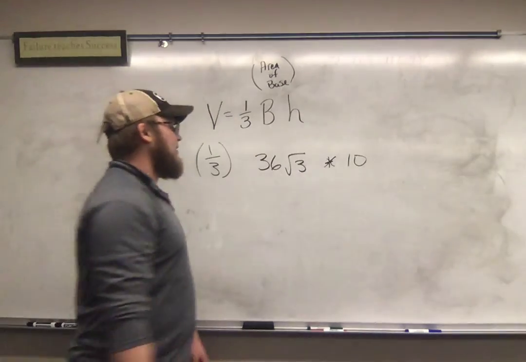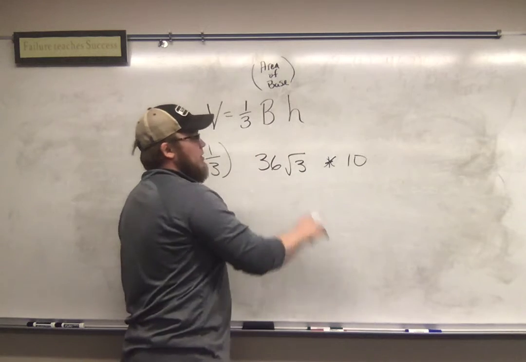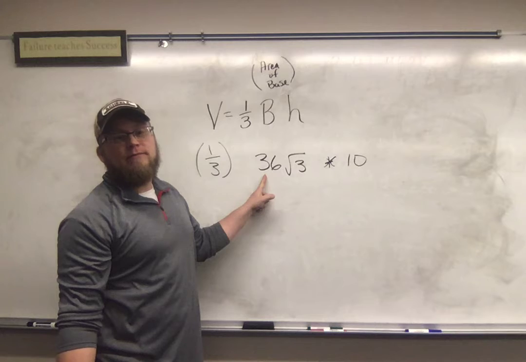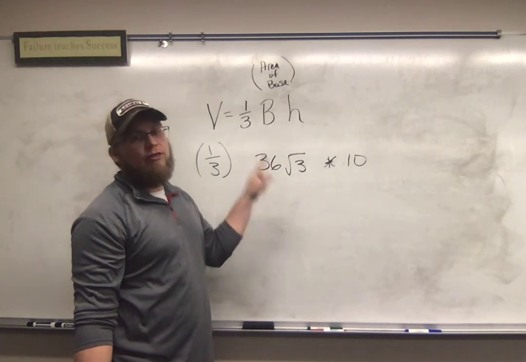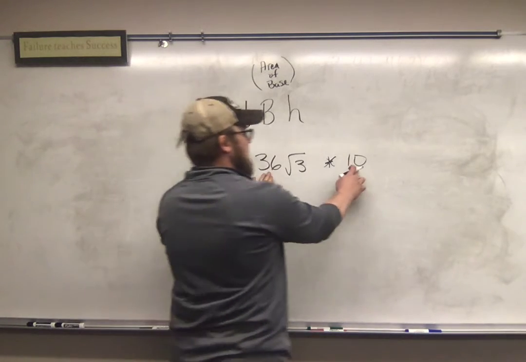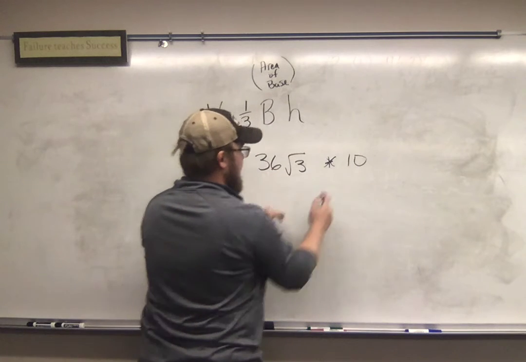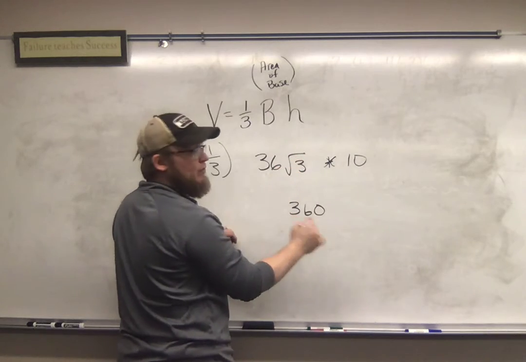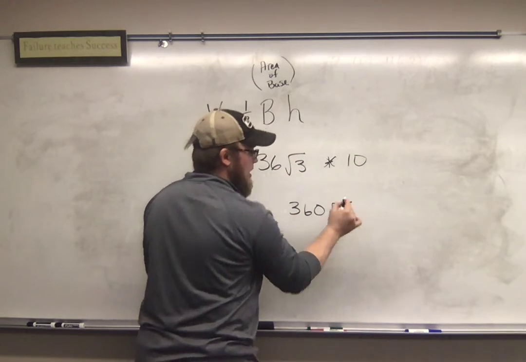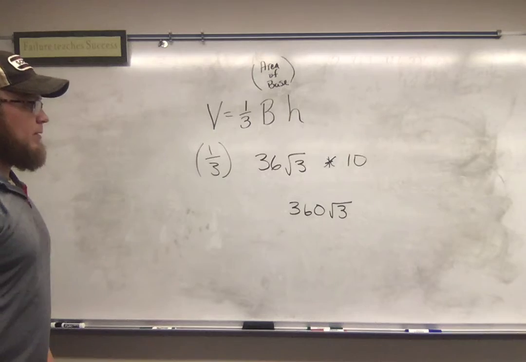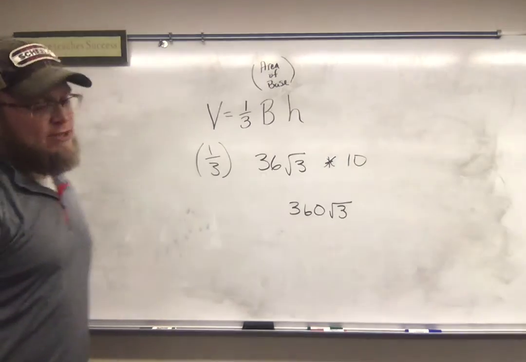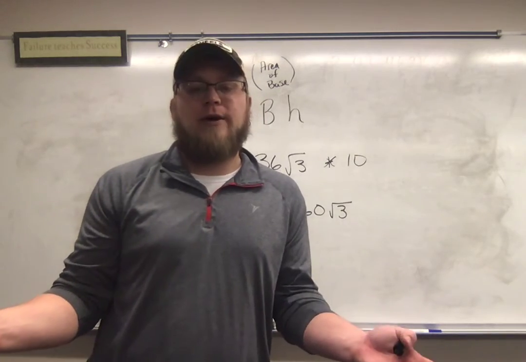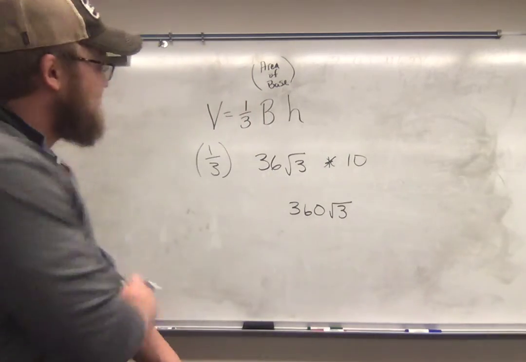You're only going to take the 10 times the very first number, not the root 3 number. So we're going to do 10 times 36, and this is going to turn into 360, and we didn't touch this root 3, so you have to keep it the same and put it in there. Okay? And why it's represented as root 3, it's a more accurate representation than with decimals. So that's why people use that.